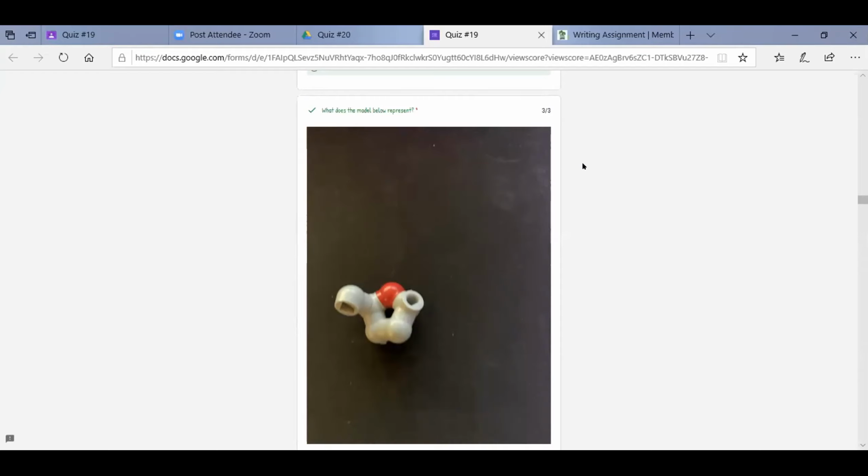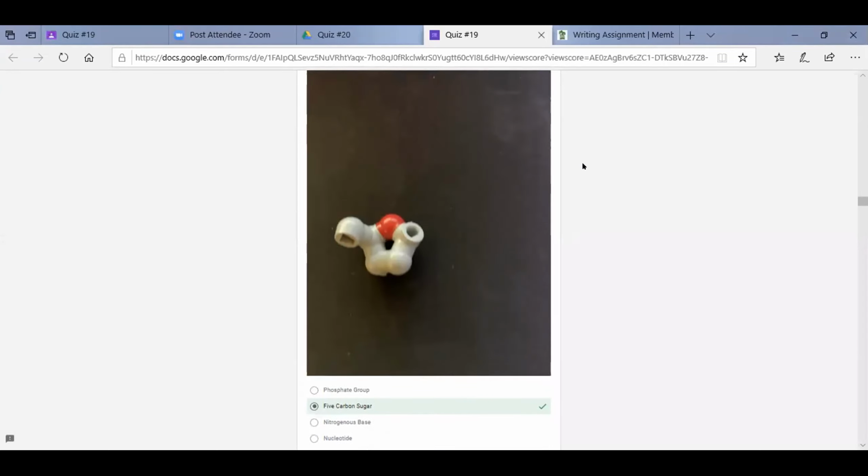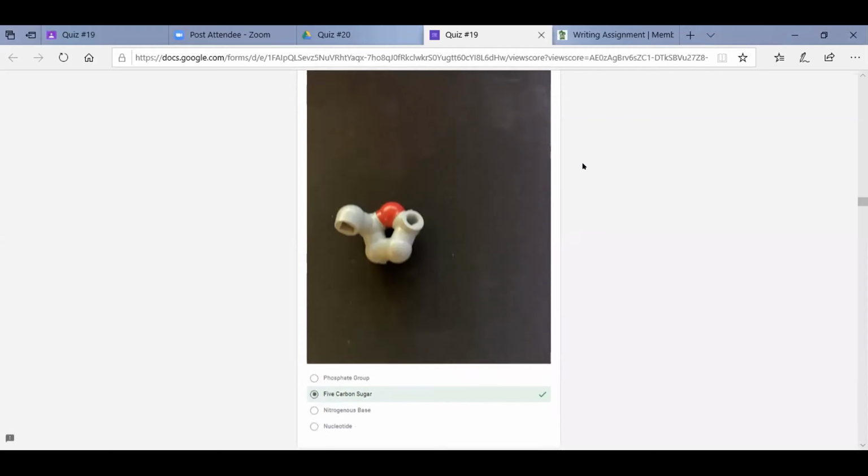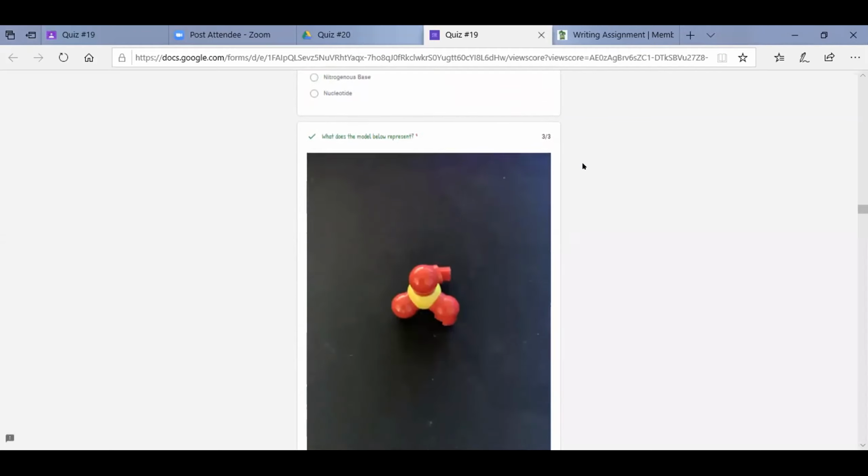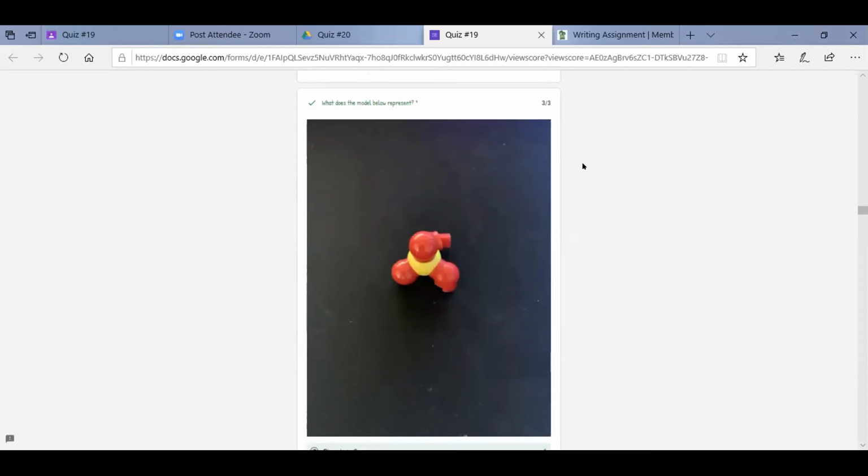What kind of shape does it have, though, minus the thing sticking out? Like a miniature ring. It's a miniature five-carbon sugar. You see the oxygen, the four carbon, and then the one sticking out. Five-carbon sugar. What is that supposed to be?